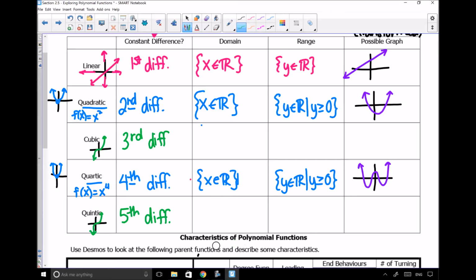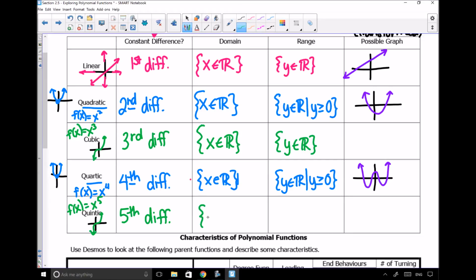And hopefully that should make sense to you because it's based on the exponent right here, because this is f of x equals x to the power of 3, and this is f of x equals x to the power of 5, okay? And remember, we said this is going to be x as an element of the reals for the domain, as well as for the range.